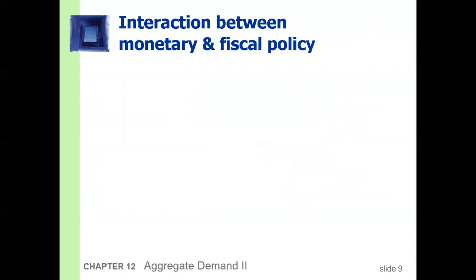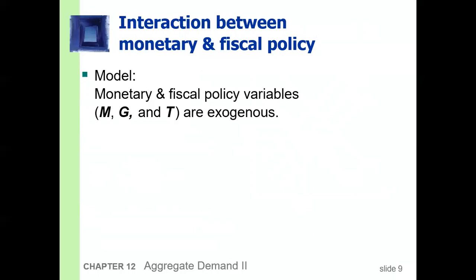Now the interaction between the monetary and the fiscal policy. Because we are in the same economy, there is interaction between monetary policy, the central bank, and fiscal policy, the government, the parliament, and so on. They are all in the same economy, so they affect each other. Monetary and fiscal policy variables like the money supply, the government expenditure, and the taxes are exogenous variables.